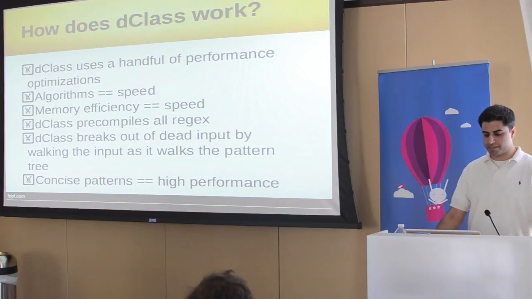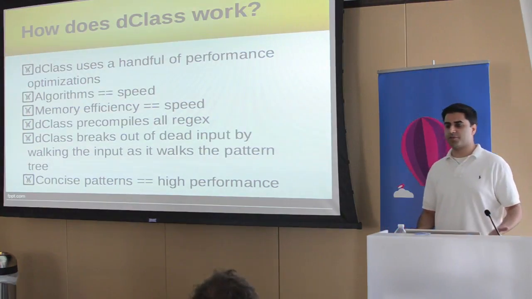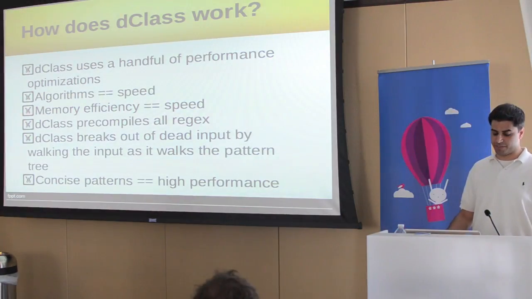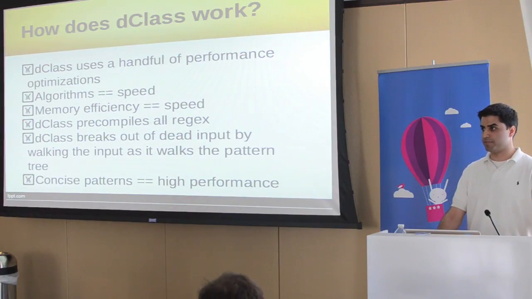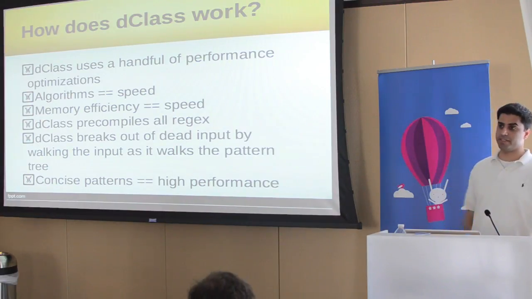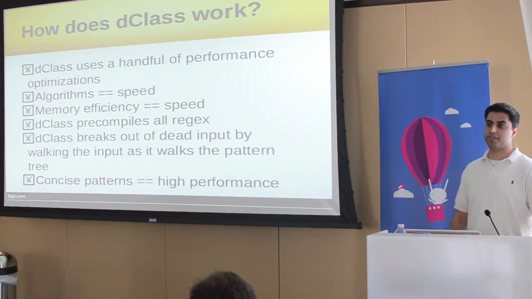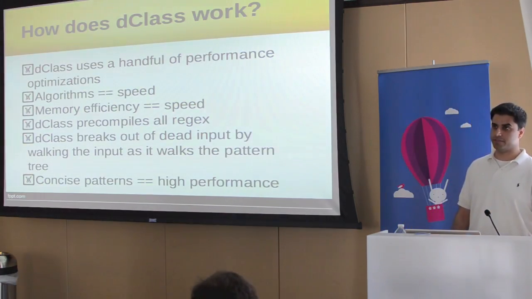It's algorithmic efficiency, which allows it to scale, and there are also a lot of different memory techniques which reduce the memory footprint. So, algorithms equals speed, memory efficiency equals speed. I should also put another bullet point on there: simplicity. Simplicity equals speed.